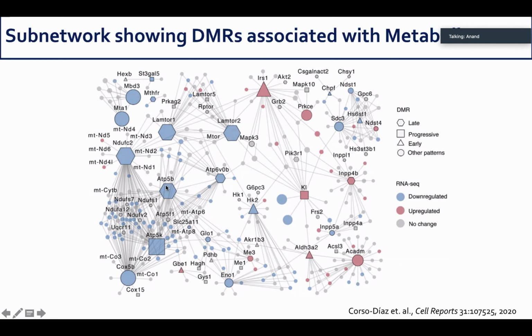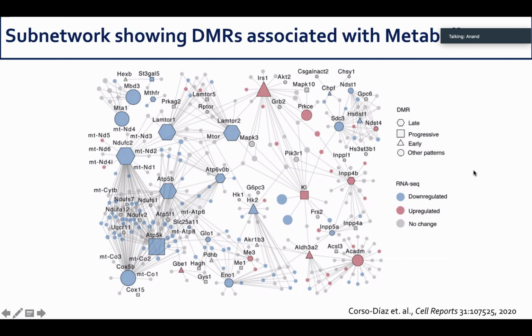And that was fascinating for us because suddenly we figured out that there's at least one pathway that has been proposed to be associated with aging in general. We are able to sort it out based on epigenomic changes in rod photoreceptors.